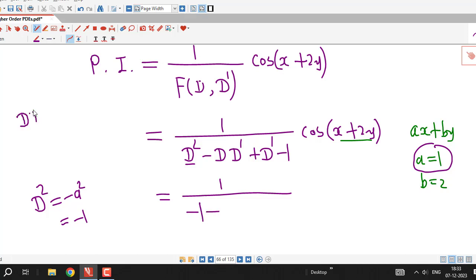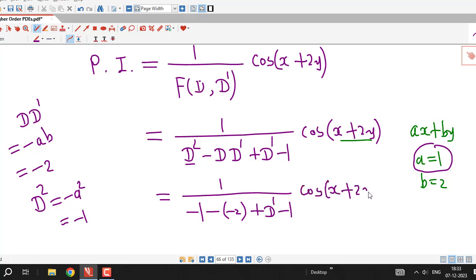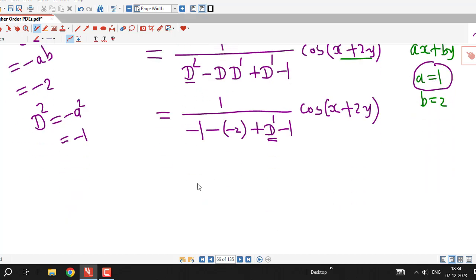Again D into D dash is replaced by minus a into b, that is minus 1 into 2, which is minus 2. So here I write minus 2, and D dash as it is, minus 1 cosine of x plus 2y. Remember, we will replace D square by negative of a square, D dash square by negative of b square, DD dash by minus a times b, and rest of the things we will keep as it is. So here D dash as it is.